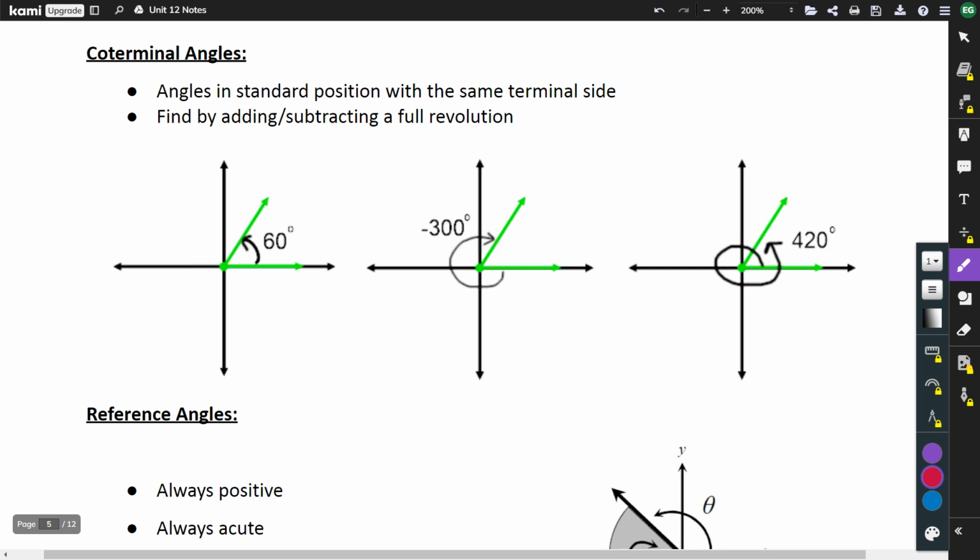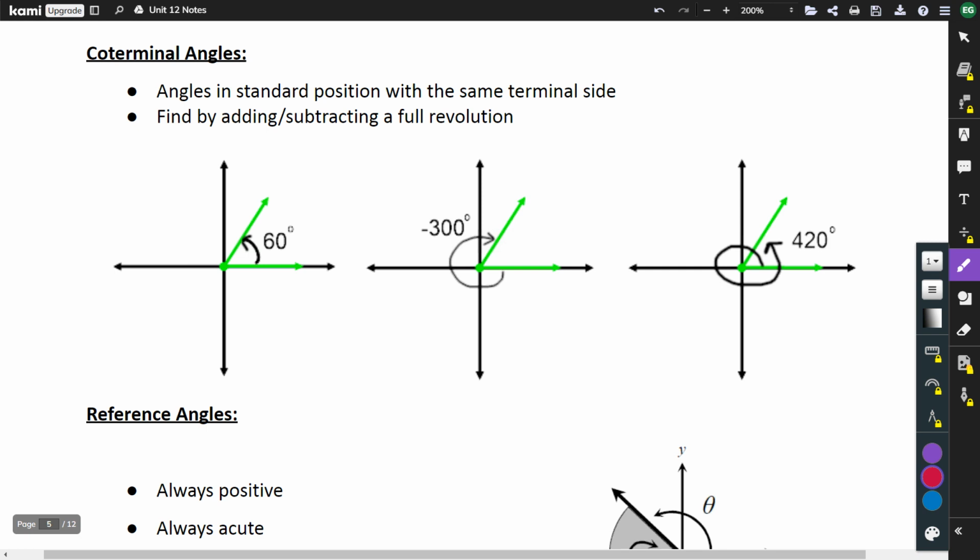They are all landing in the same position, but they have different angle measurements associated with them. For the first one, we have a positive angle measurement of 60 degrees. Then we have a negative 300 degrees. And then we have a positive 420. Right? These are all considered coterminal angles because they have a common shared terminal side.